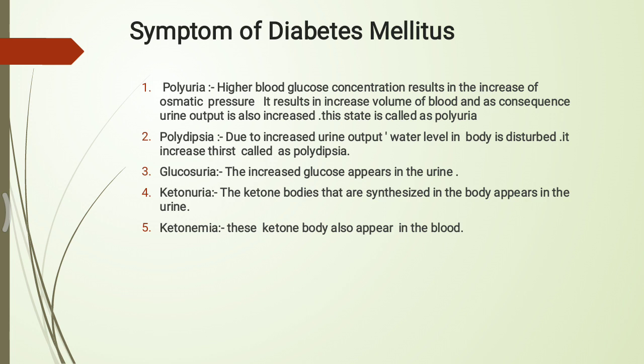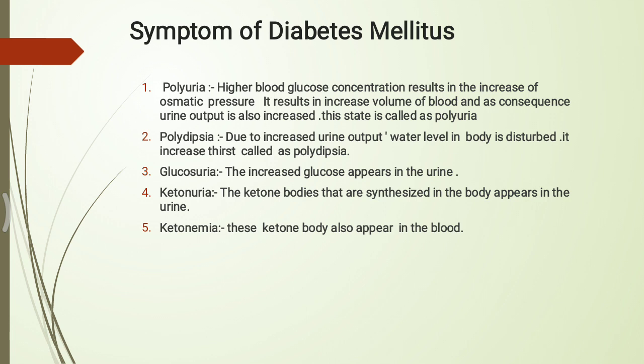Polyuria. What is polyuria? Higher blood glucose concentration results in an increase of osmotic pressure. It results in increased volume of blood, and as a consequence urine output is also increased.